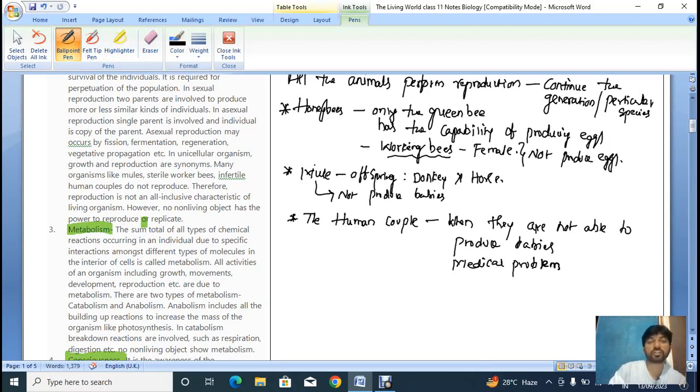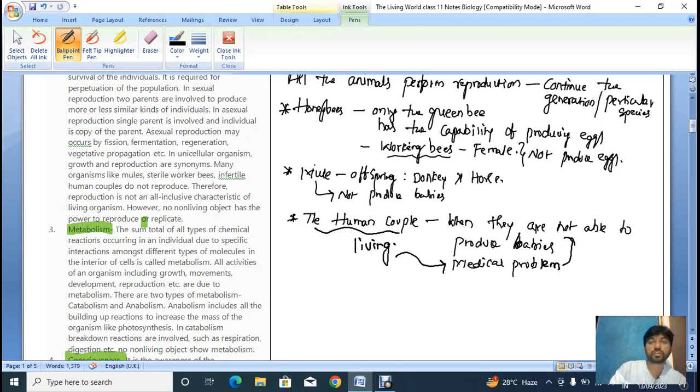They are living only. But due to some medical problems, they are not able to produce the babies.